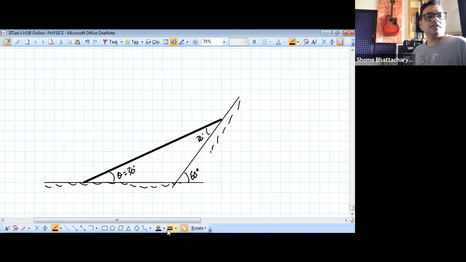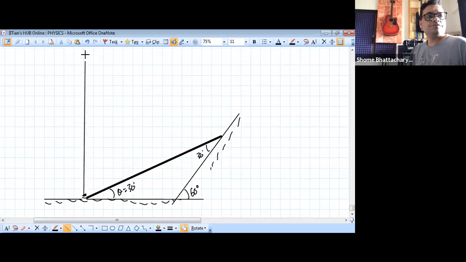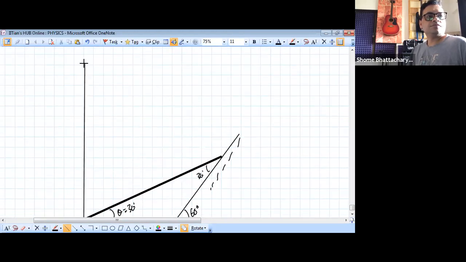And therefore, when you drop these two perpendiculars, the point where they intersect will be this kind of point, which will form which type of triangle now?